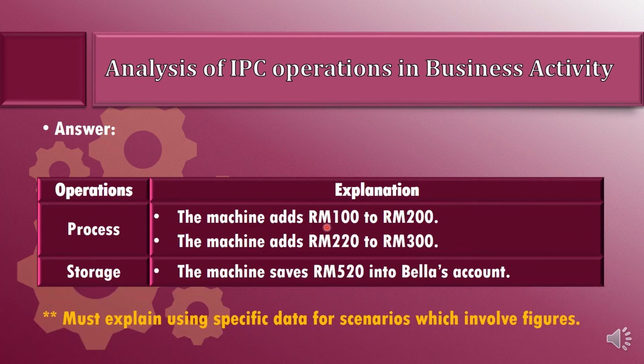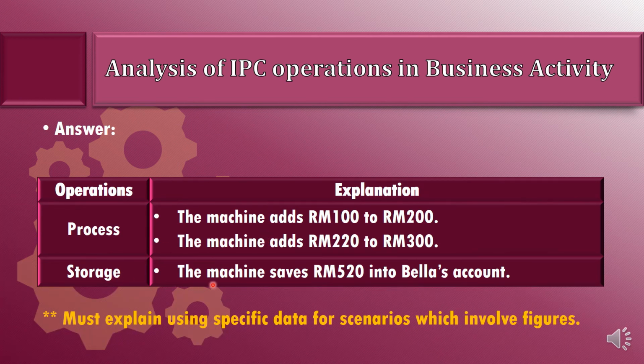So the first customer pays 100 ringgit, which will be added to RM200, Bella's account balance before those transactions. And when the second customer pays RM220, it will be added to RM300 in Bella's account. So that's the process that happens.